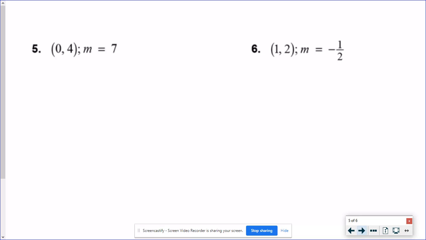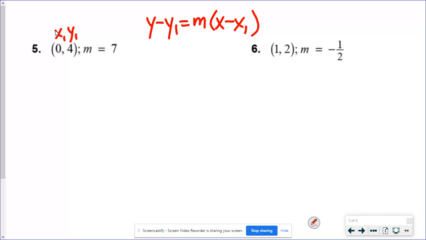Okay, a couple more problems here. Again, here's your x, here's your y. We're going to make those our 1s so that you know where they go. Y minus my y number equals m times x minus my x number. So y minus 4 equals 7 times x minus 0.